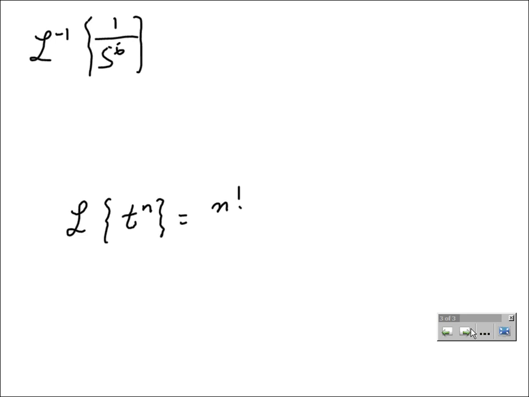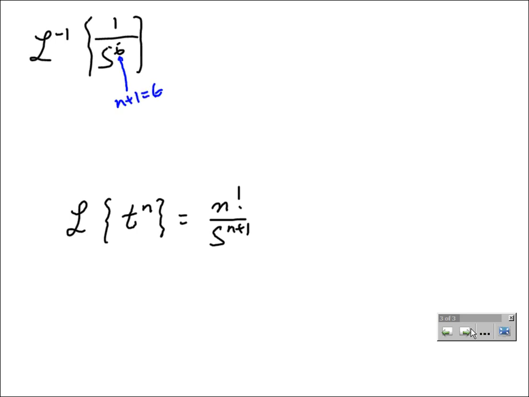What is L inverse of 1 over s to the 6? Well, we know that L of t to the n is n factorial over s to the n plus 1.